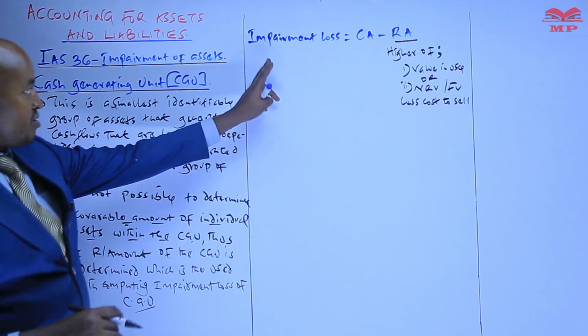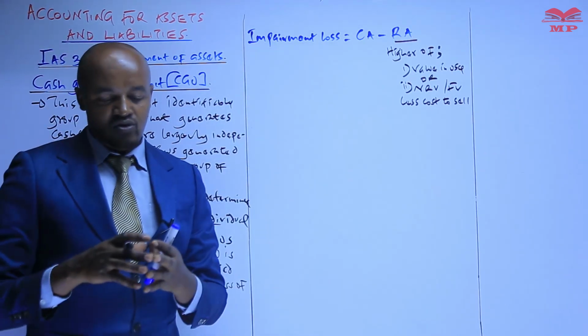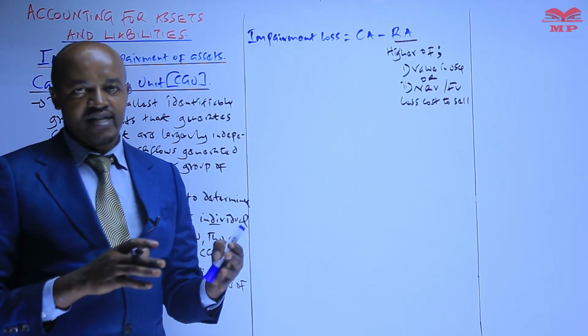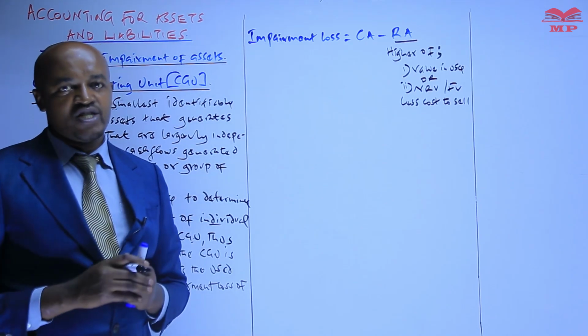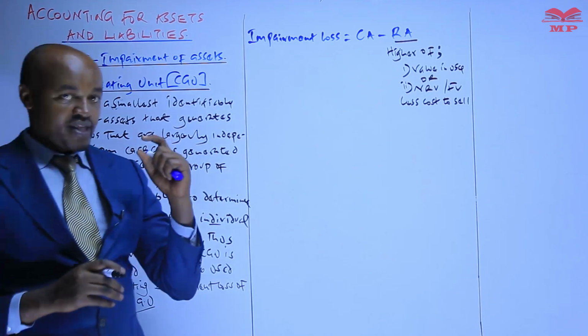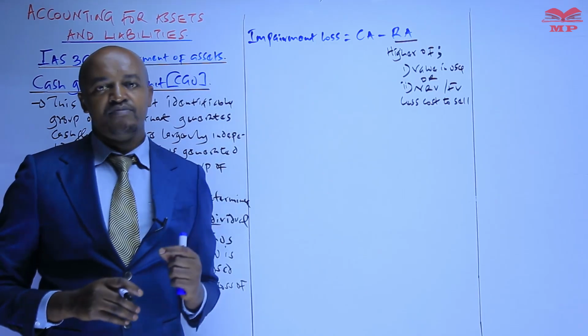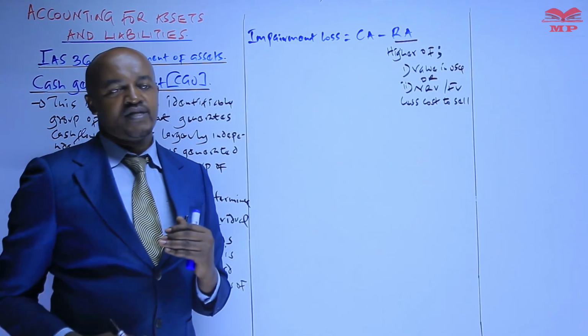Now, this particular impairment loss for the cash generating unit, then we are saying should be allocated to the assets within that particular cash generating unit. And in doing that particular allocation, in allocating the impairment loss, there is an order which is followed.